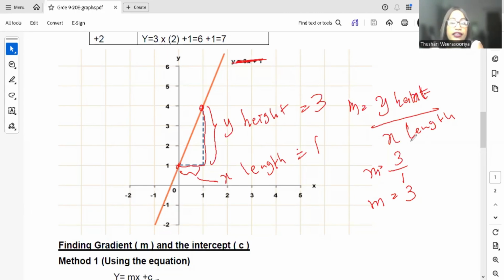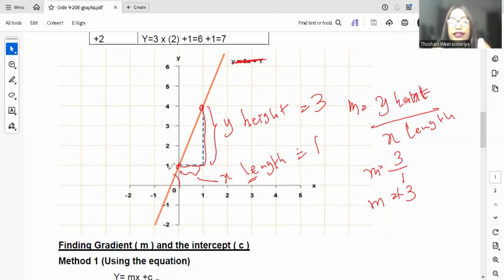To check the sign, if the gradient makes an acute angle with the positive side of the x-axis, then the gradient is positive.